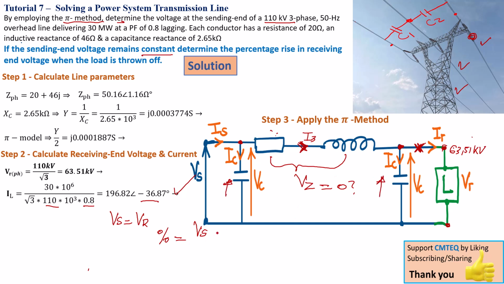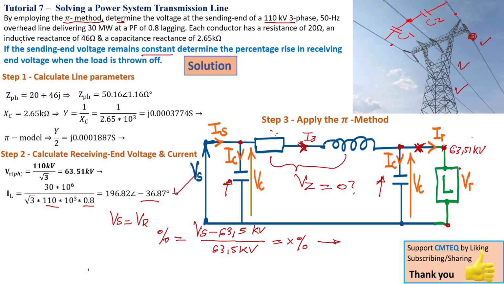You take that voltage, you minus this voltage, which we already found to be 63.5 kilovolt, and you divide it by this voltage, 63.5 kilovolt. Okay, and you're going to get an X percentage here. Now that percentage is the percentage rise.